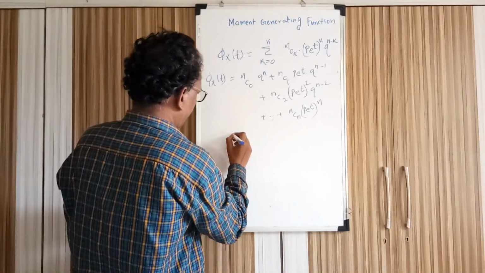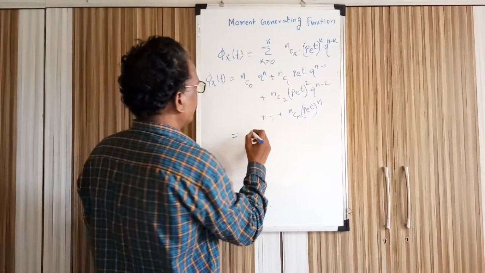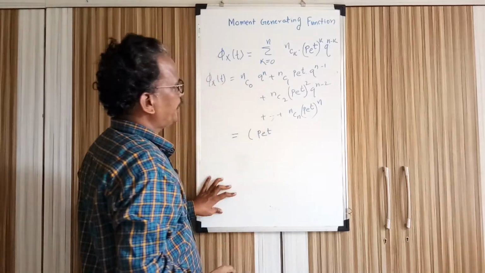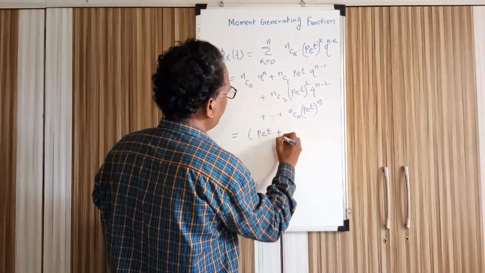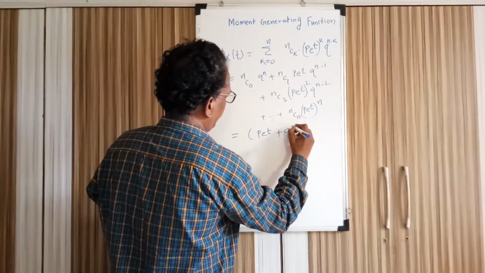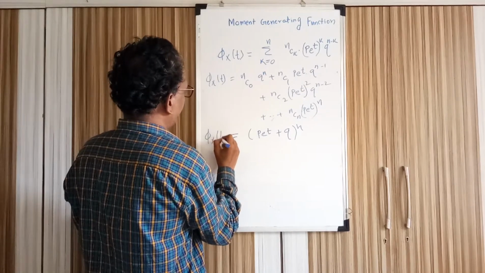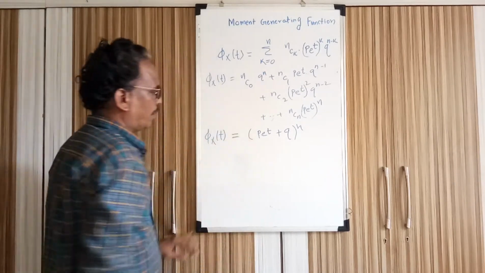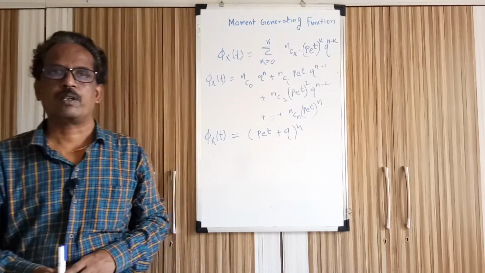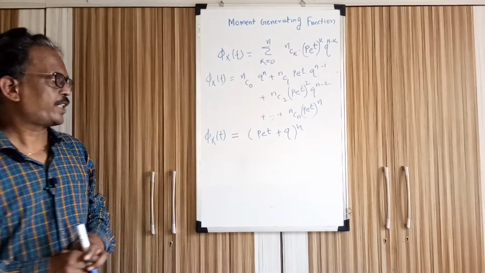So it is a closed form equation. Here a is p e to the power t, and b is q, raised to n. So you can write the moment generating function of random variable x when x has binomial distribution.